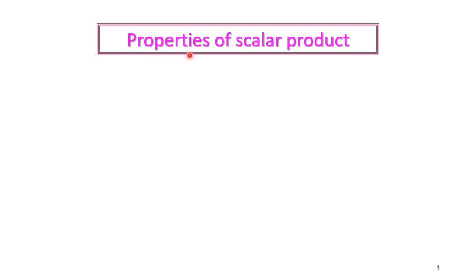Now we get the properties of the scalar product. The first one, the dot product between two same vectors, A dot A equals the magnitude of A squared.